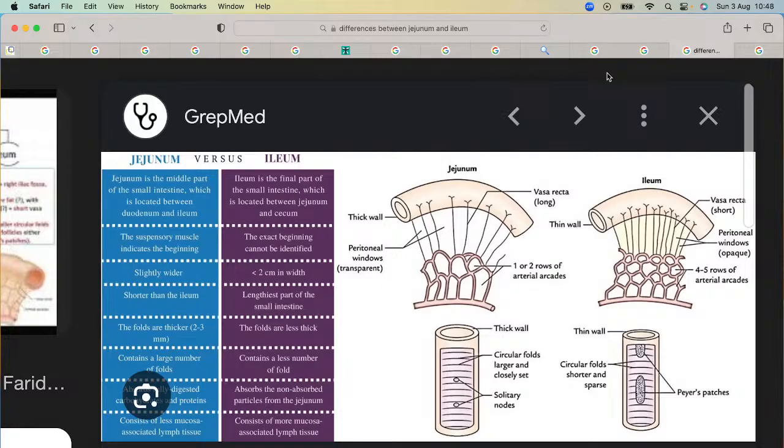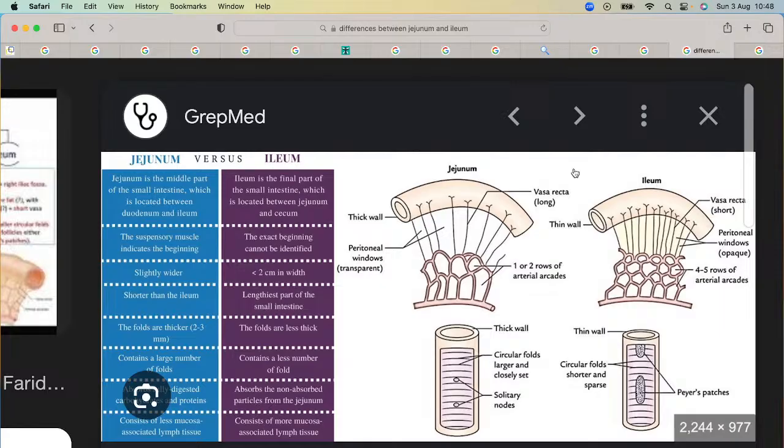The first one is that the jejunum has a thicker wall. So the mucosa is much larger and thicker compared to the ileum. Even in this picture you can see that they've drawn it a little bit thicker compared to the ileum. I don't know whether this was done intentionally or not, but the jejunum is much thicker.